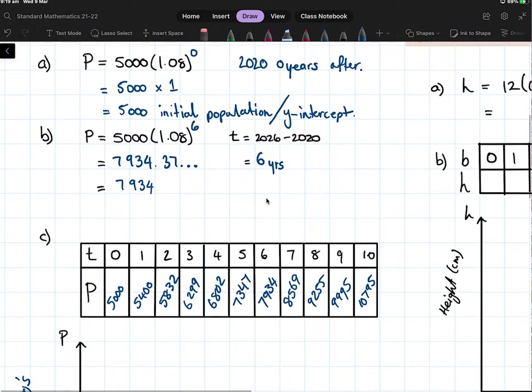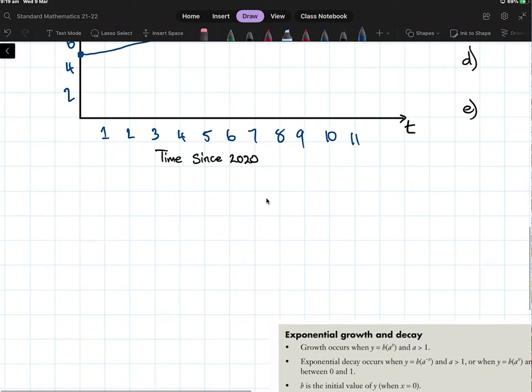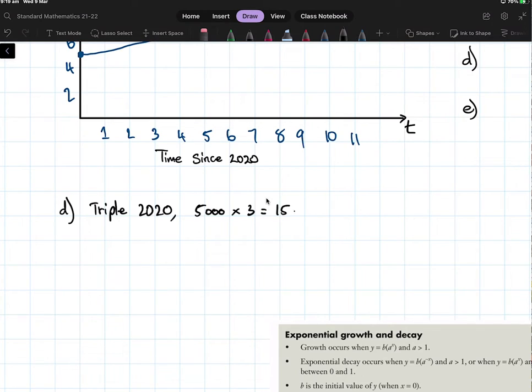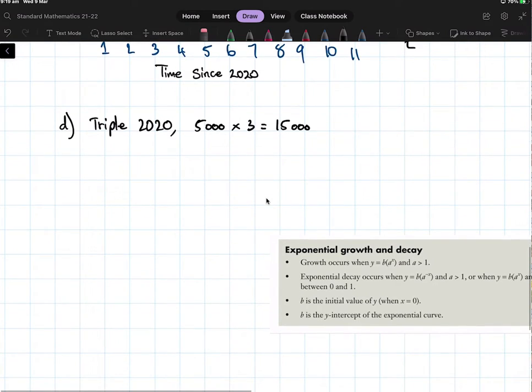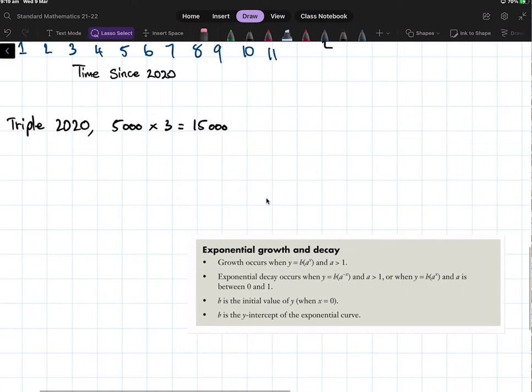Question D says use guess and check to find when the population will triple that of 2020. So triple 2020, well, that's just 5,000 times 3. So we're looking for when our population reaches 15,000. We're going to use guess and check.